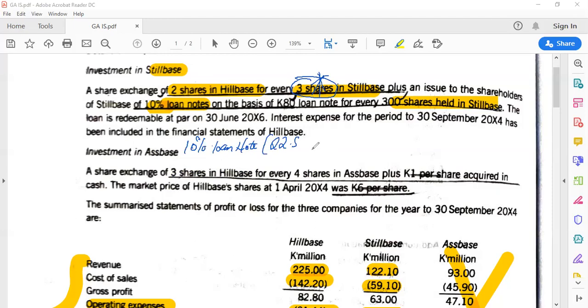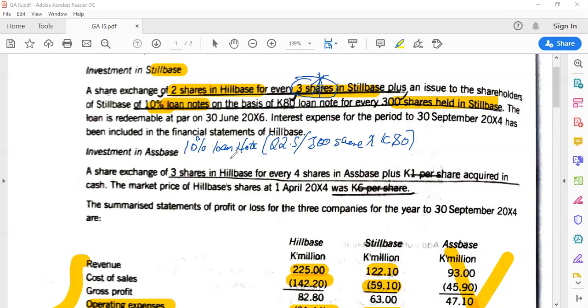And then we are told that for every 300 shares held by this guy, at a price of a quarter, 80 million was to be paid. He acquired how much? 22.5 million.